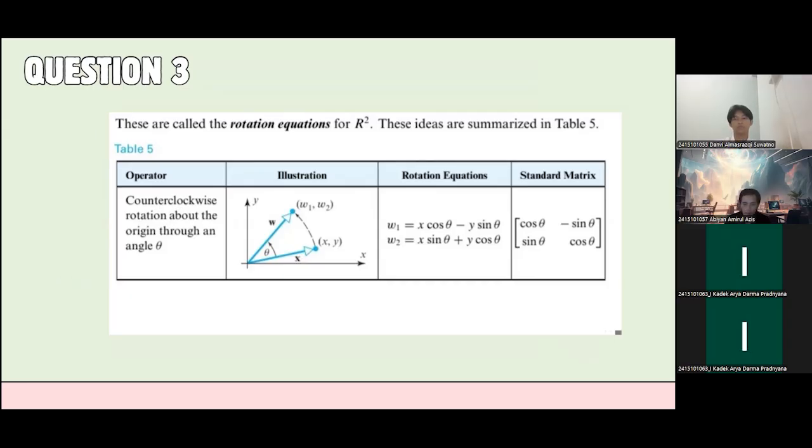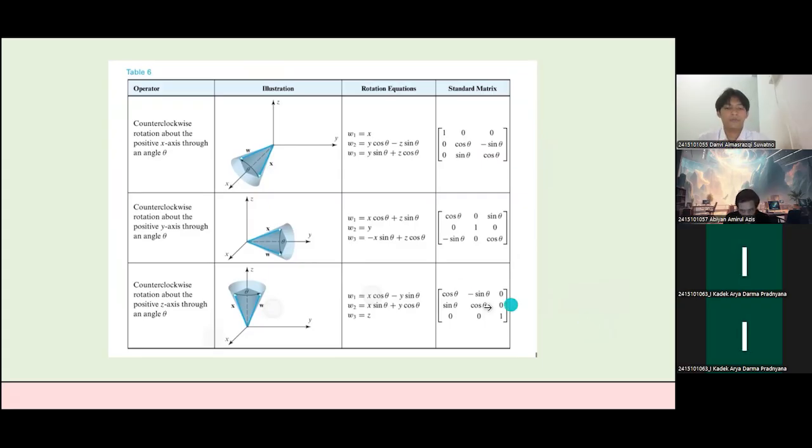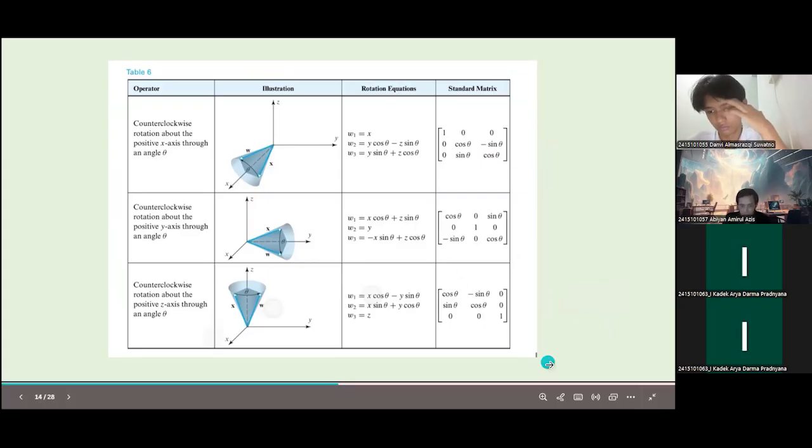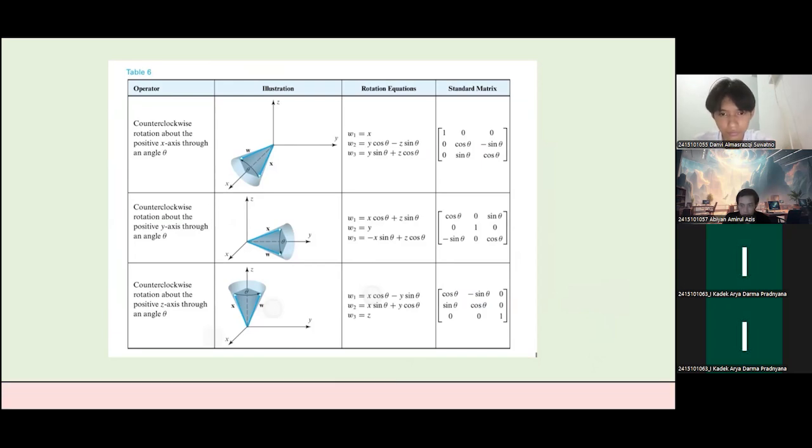Next, before that, I will explain Table 6. Table 6 is the rotation vector in R3. You can see the operator: counterclockwise rotation about the positive x-axis through an angle theta. Rotasinya itu berada pada sumbu X, pusatnya ada di sumbu X. Rotation equation: W2 is Y cos theta minus Z sin theta.